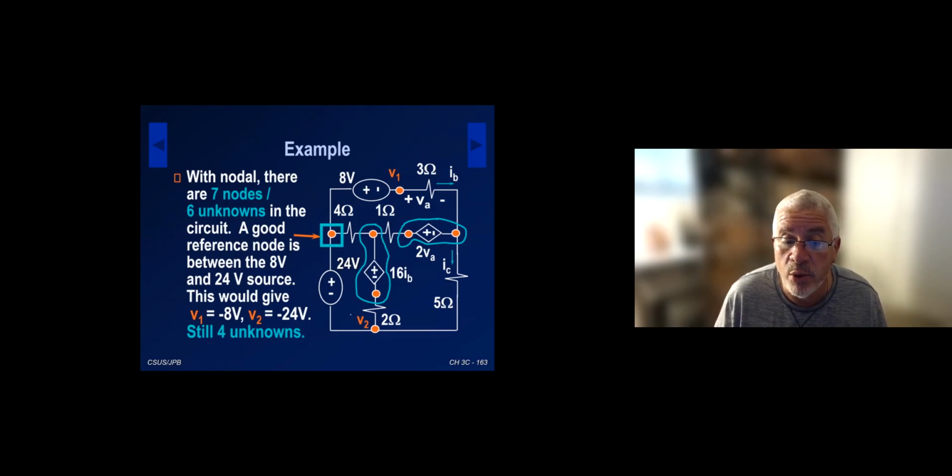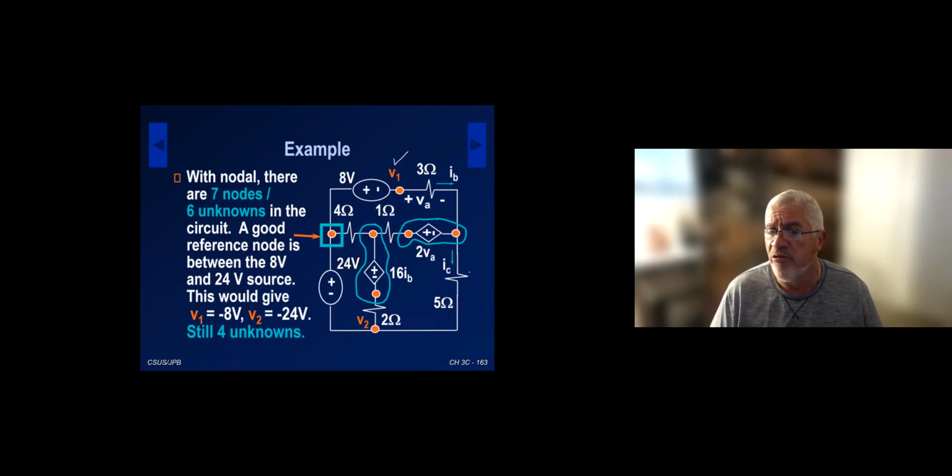V2 is going to be equal to minus 24 volts, but I also know V1. V1 is going to be equal to minus 8 volts. So right off the bat, I go from 6 unknowns to 4. So the discussion between mesh and nodal is looking a little bit fuzzier: 6 unknowns in nodal versus 3 unknowns in mesh.